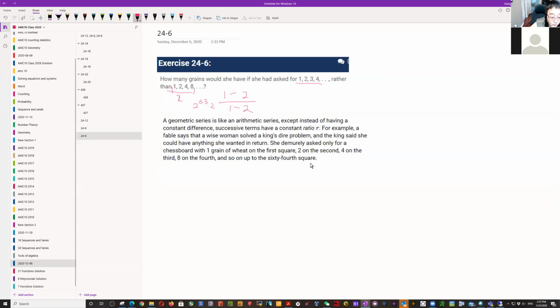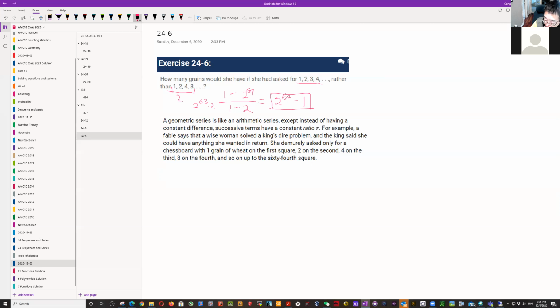So it's 2 to the 64. And if we multiply both top and bottom, we get the sum equal to 2 to the 64 minus 1.